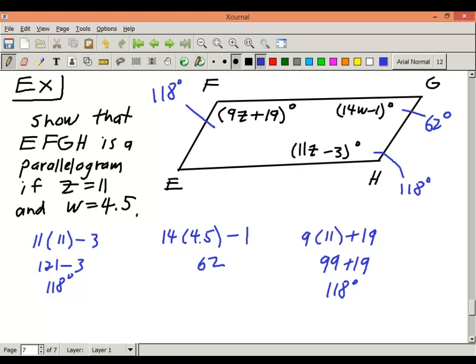Then we had if both pairs of opposite angles of a quadrilateral are congruent, then the quadrilateral is a parallelogram. Then we had the one we just used here: if an angle of a quadrilateral is supplementary to both of its consecutive angles, then the quadrilateral is a parallelogram. And finally, the last one we did today was if the diagonals of a quadrilateral bisect each other, then the quadrilateral is a parallelogram.